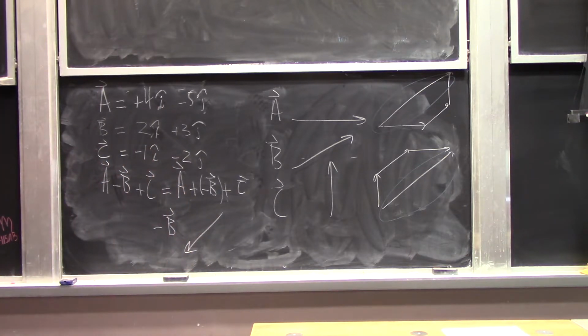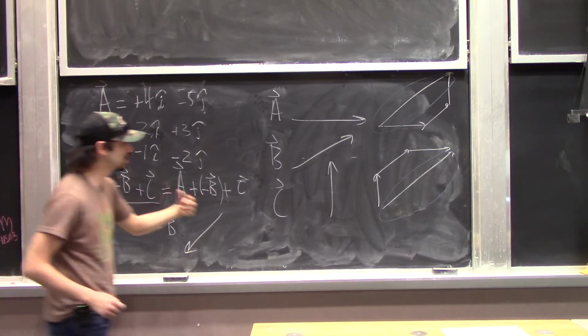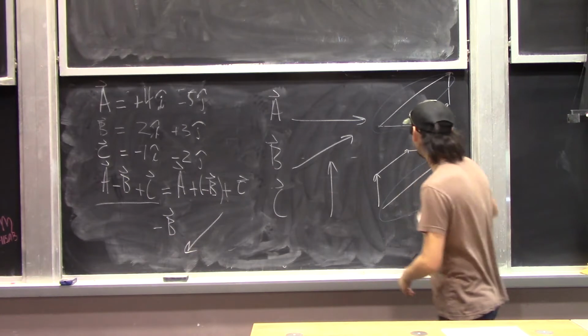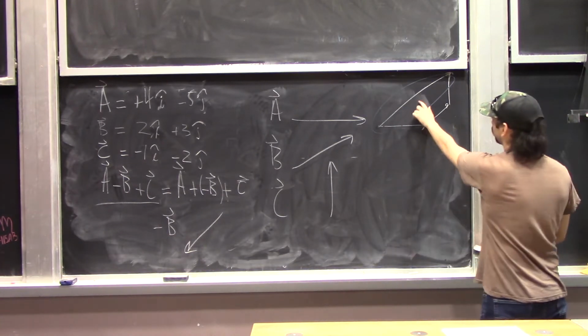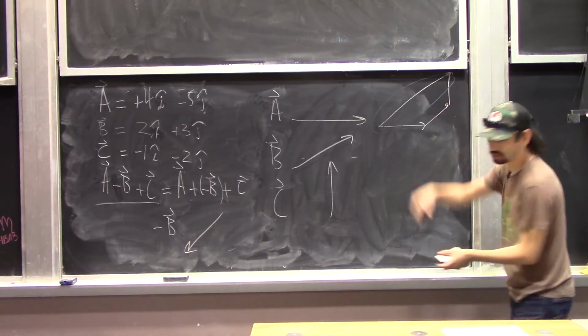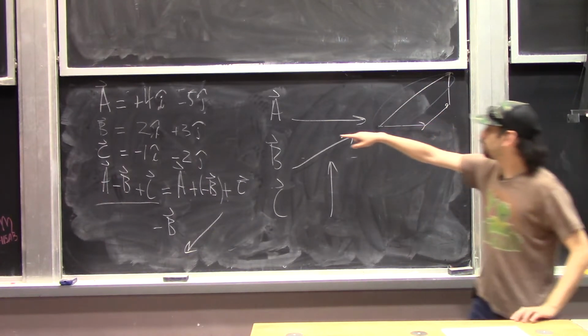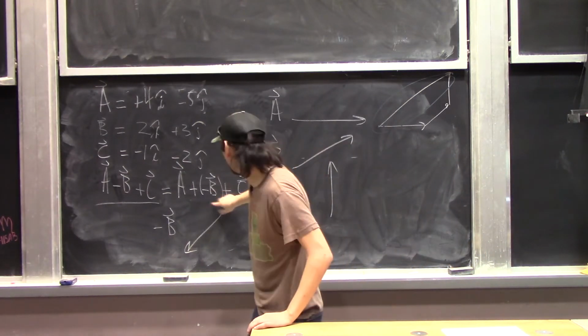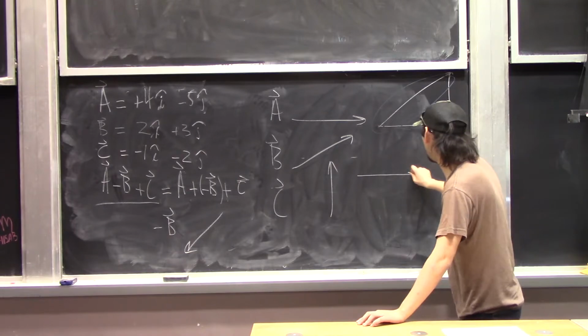And so now what we want to do is we want to investigate what A minus B plus C looks like. We already know that A plus B plus C is going to look like this, okay? So what I have in the blue here is A plus B plus C. And now what we want to do is look at what A plus minus B plus C looks like. And so if we do that, this is A.